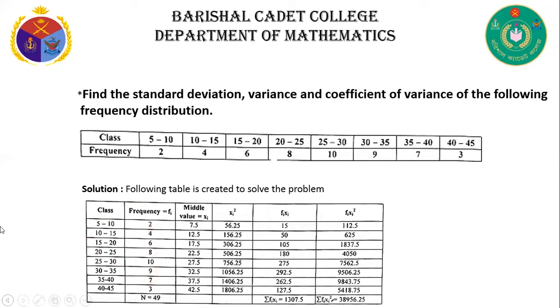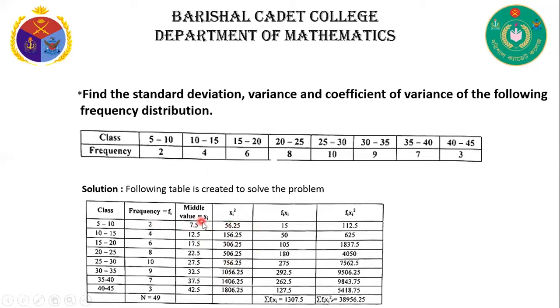Now the sum of the frequency is equal to capital N, 49, and the mid value, that means 10 plus 5 divided by 2, that means 7.5. In the same way, 15 plus 10 divided by 2, that means 12.5. And xi squared: 7.5 squared is equal to 56.25, 12.5 squared is 156.25.